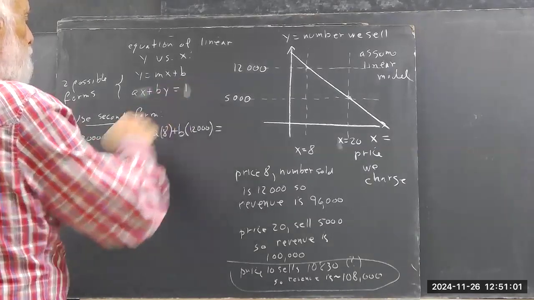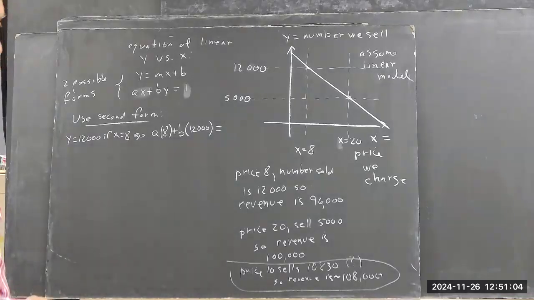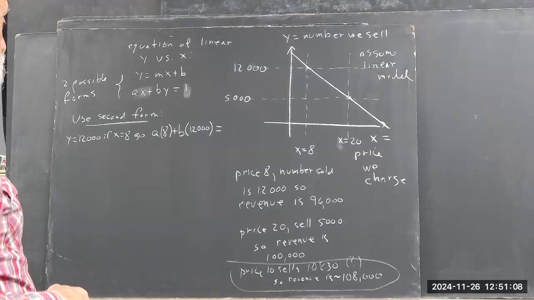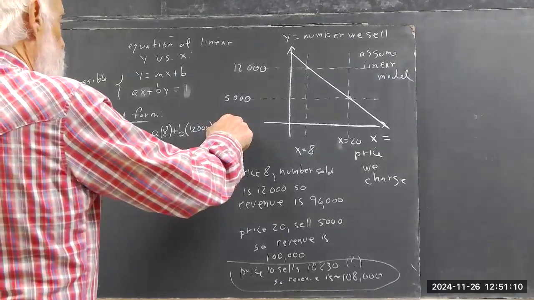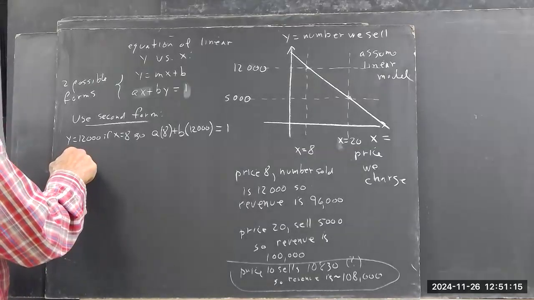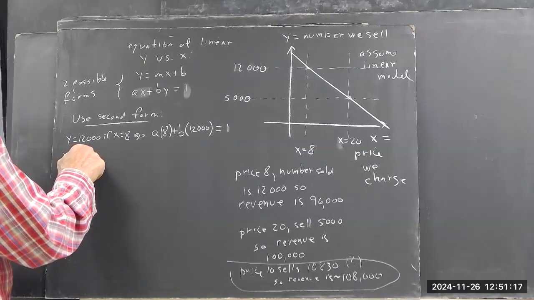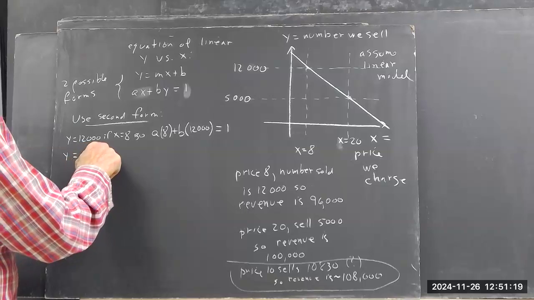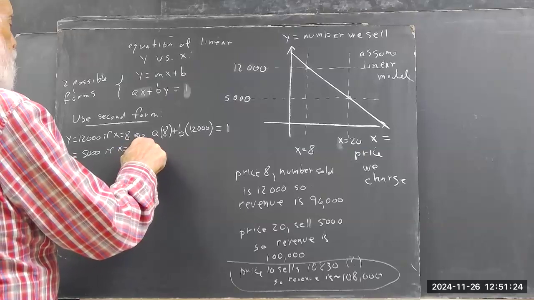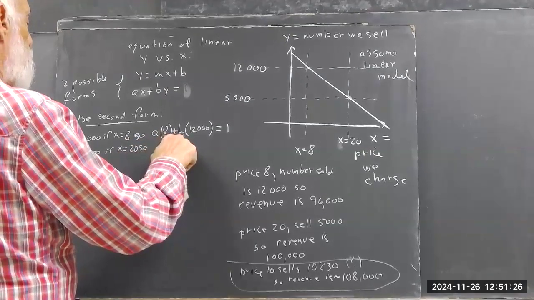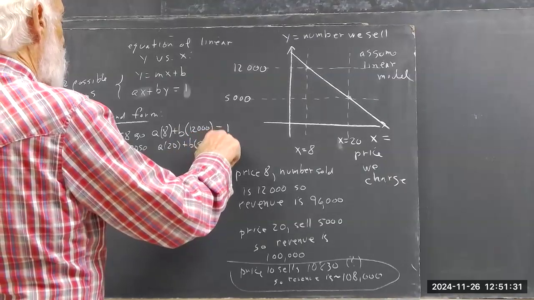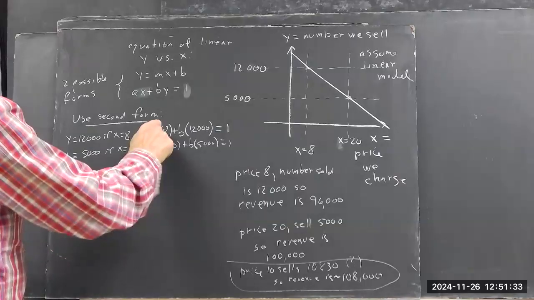Let's make it AX plus BY equals 1. A and B are flexible. For the second point, y equals 5,000 and x equals 20. So A times 20 plus B times 5,000 equals 1.